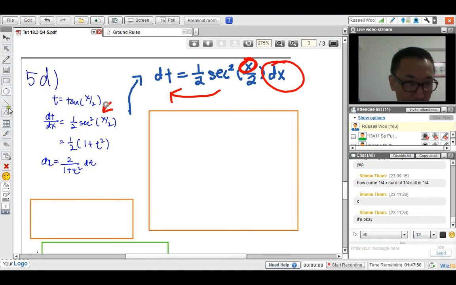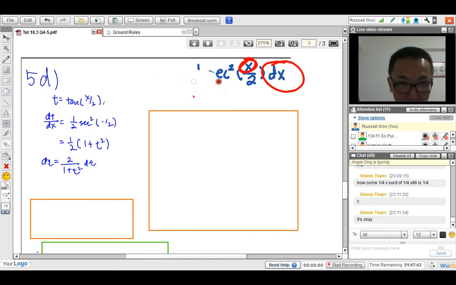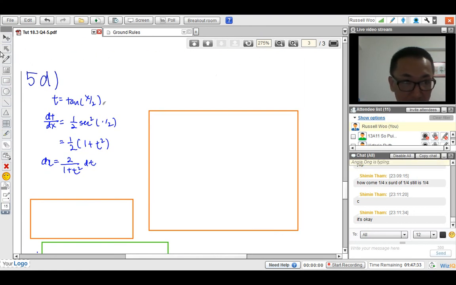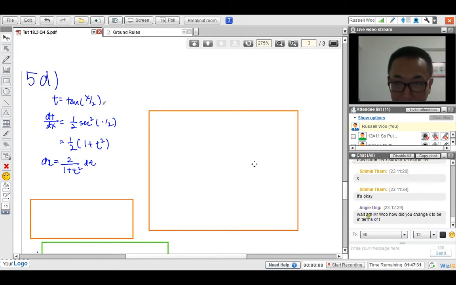Oops, where's my eraser? Do you follow the rationale? Why do I change the x in terms of t? Look, I just managed to delete something. This is x.